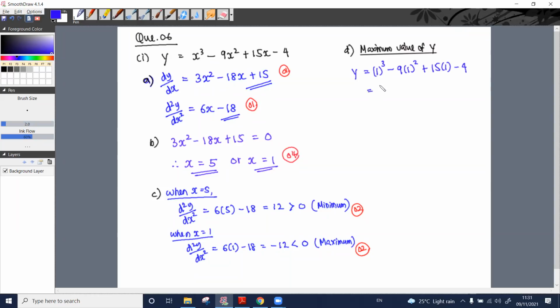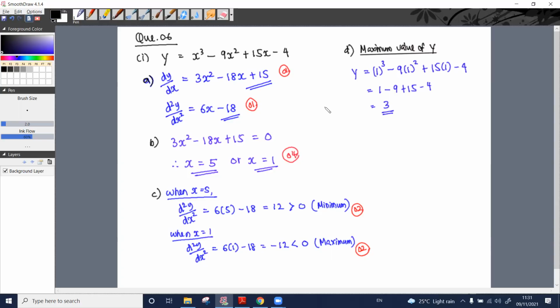So what should be the value here? 1 minus 9 plus 15 minus 4. The maximum value of y is 3.